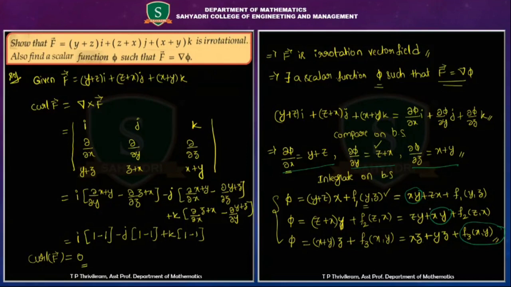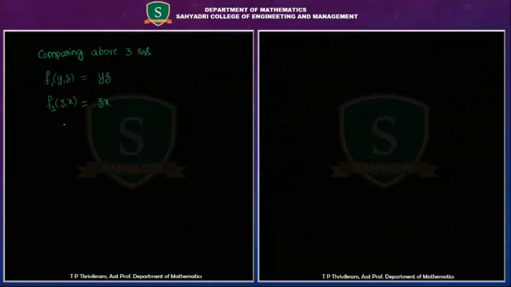If those two are different, then you have to take the addition of them. So f3 of x comma y must be equal to xy.